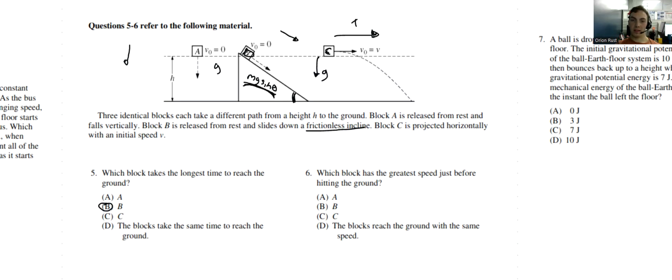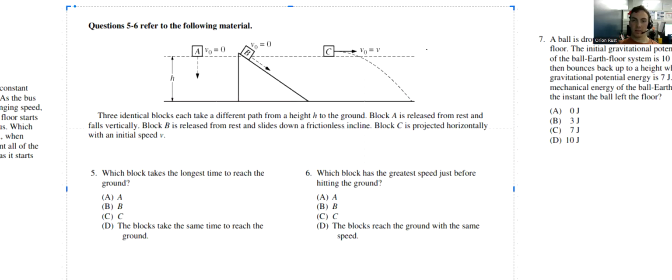Then with block C, in addition to the force of gravity, you also have this initial velocity in the x direction. And so with block C, you'll have the y component be exactly equal to the y component for block A. But because you already have this velocity in the x direction, it'll look, probably not the most accurate, something like this.